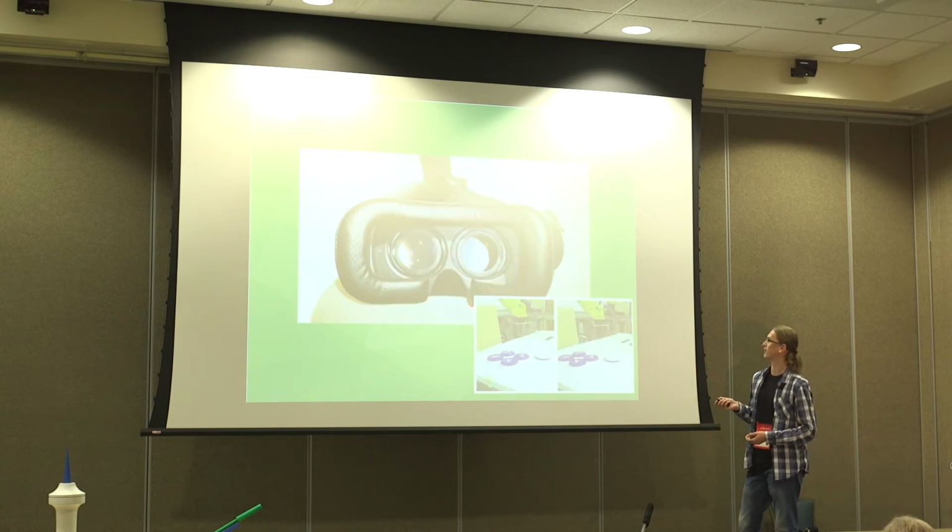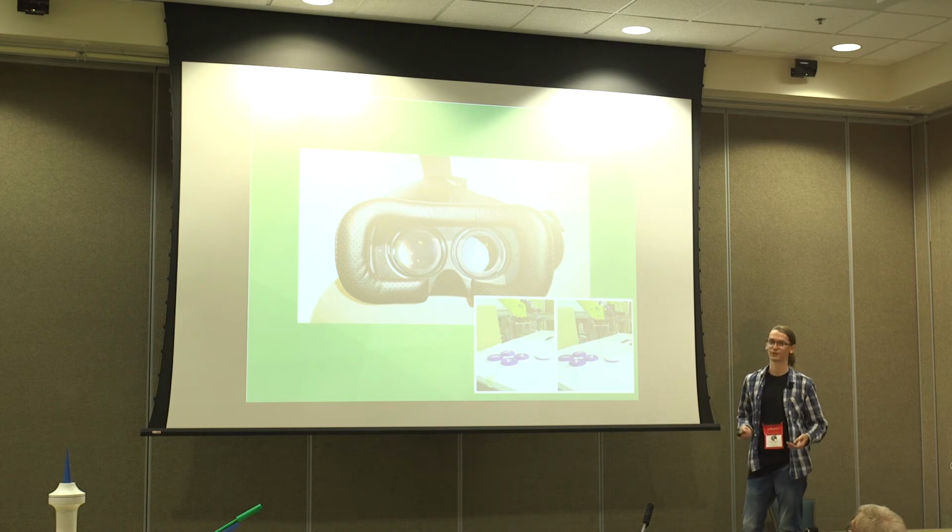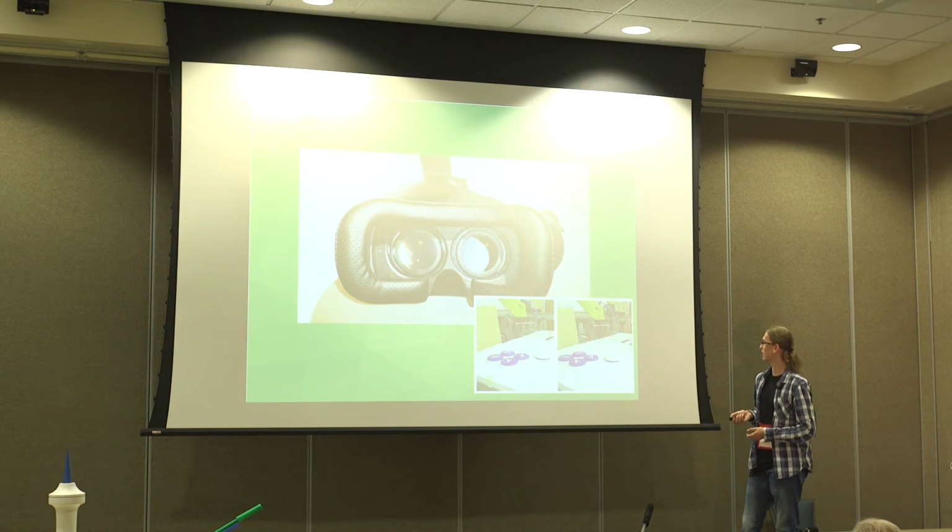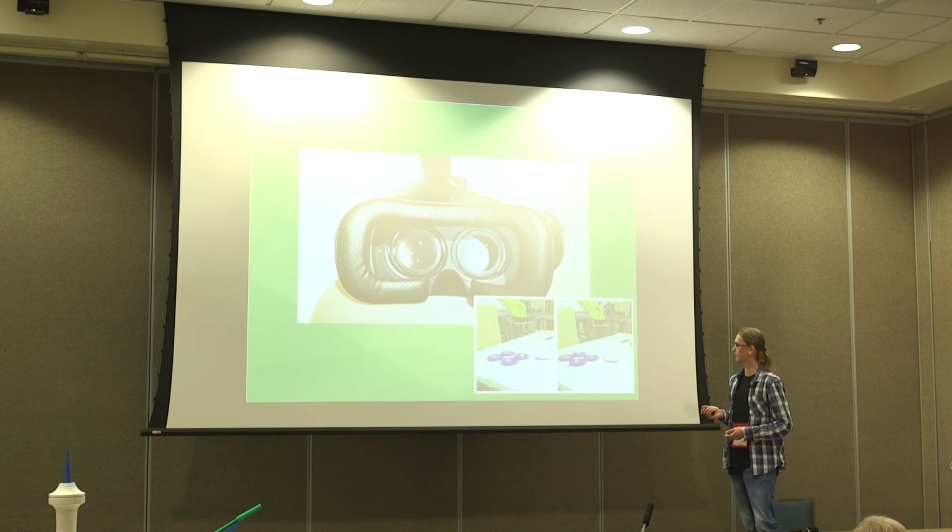So this is a cheap version of Oculus Rift. You just have to put a smartphone inside of it, and here you can see a screenshot from a smartphone. This is the image from the left camera and from the right.